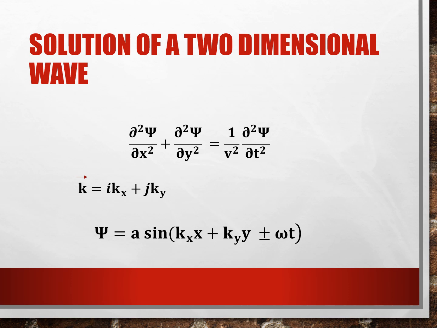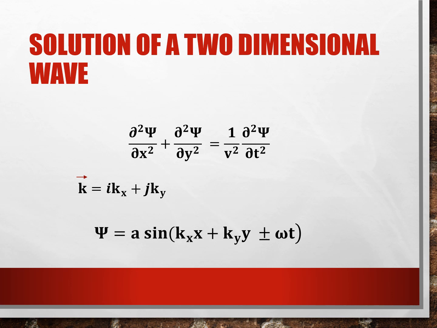In the previous slide, we have seen different ways of representing solution to a one-dimensional wave. Now we will see the solution of a two-dimensional wave. For a one-dimensional wave, the solution was psi is equal to A sin(kx plus or minus omega t).